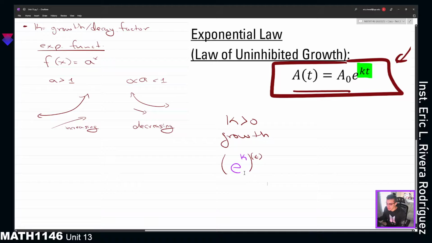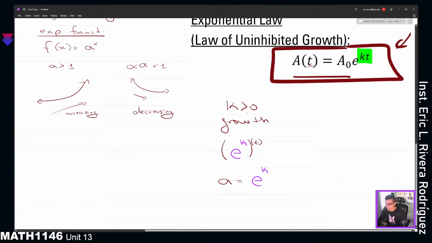If we see that, that is going to be the base of the exponential expression, because t is the input of the function. So e raised to the power of k is the base of the exponential expression. So a equals e raised to the power of k. If k is positive, it means that a is greater than 1.